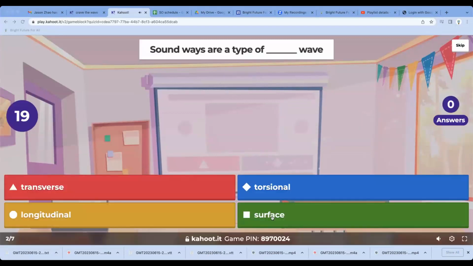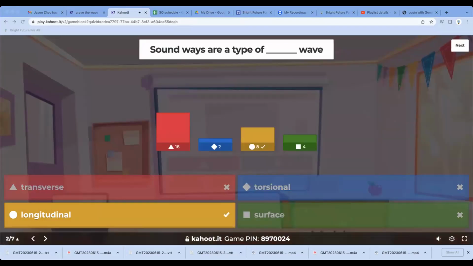Oh, I misspelled waves. All right, so remember transverse waves are the stereotypical waves that you'll imagine.